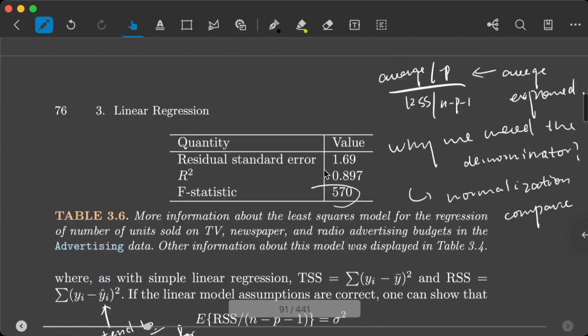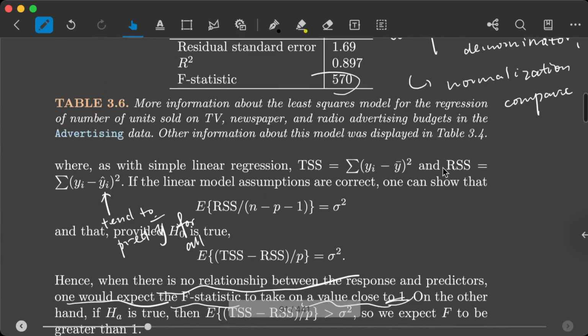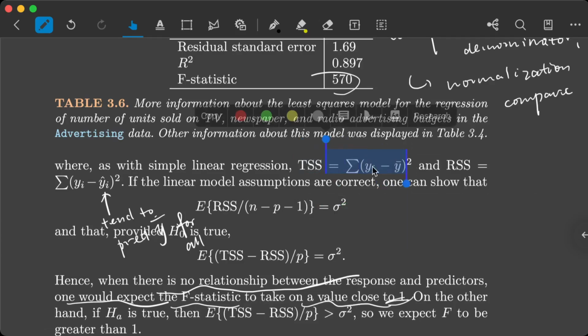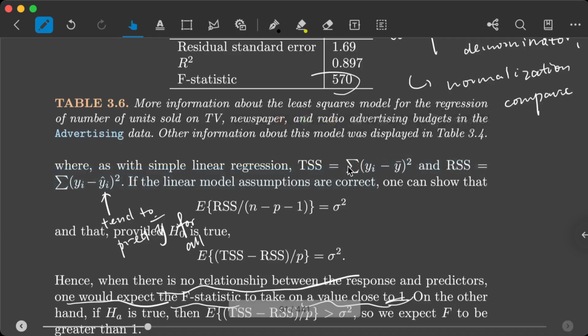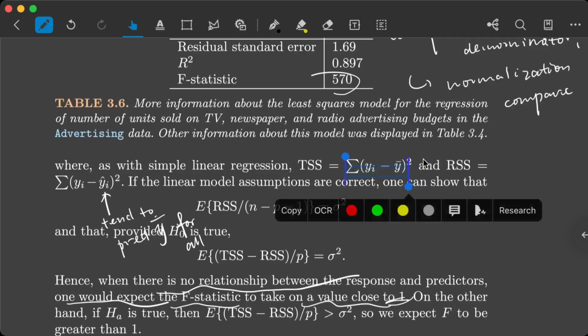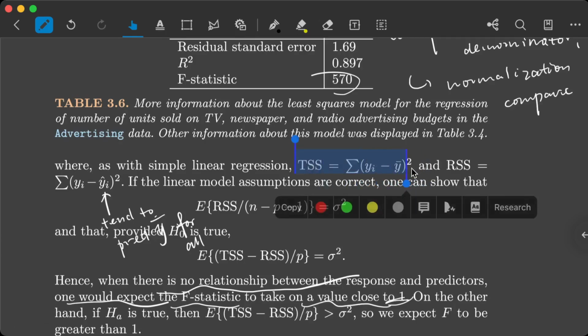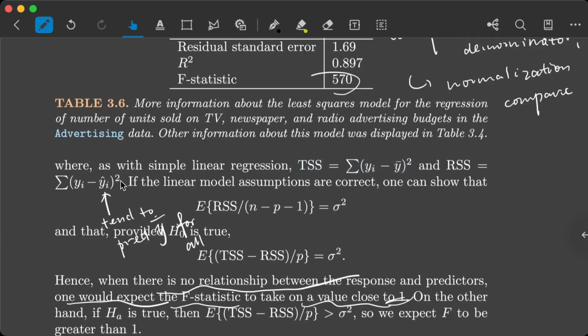Total sum of squares means we calculate the difference between the response and the mean, and we sum all the differences. It's kind of like the variance of y. Residual sum of squares means the difference between the prediction and the ground truth.